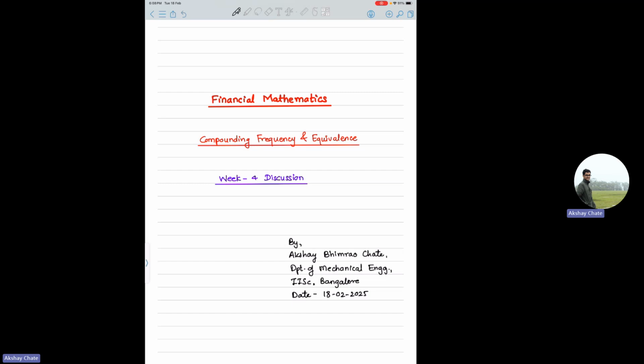That is broadly the topics that were covered, and then there was some discussion on equivalence. But we talked about equivalence in the previous class, when we were solving the last problem of deferred annuities. Basically, you want payment after your retirement, which we normally call pension, not annuities.